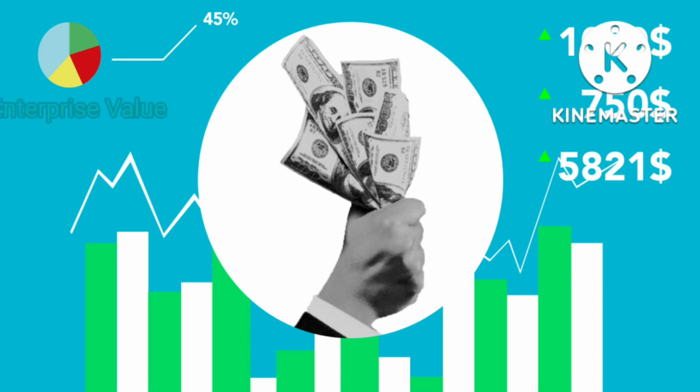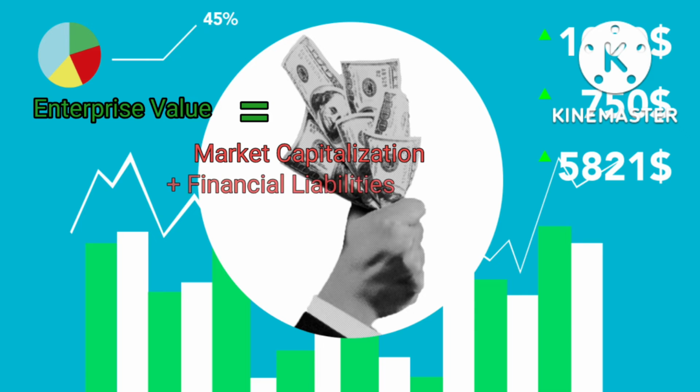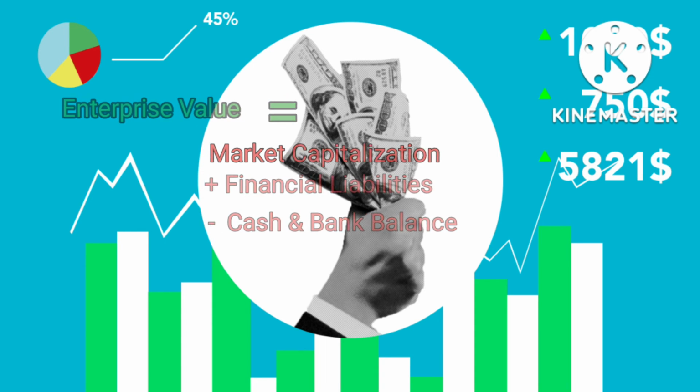So I would have to check the market capitalization of the company, and then we add to this all the debts, the financial obligations the company has, because I am buying the company, which means I have to pay for the debt as well. And then I will adjust this with all the cash and cash equivalents which the company might have. So by adjusting all these three values, I will get the enterprise value of the company, that is the amount which I can put in to buy the specific company.